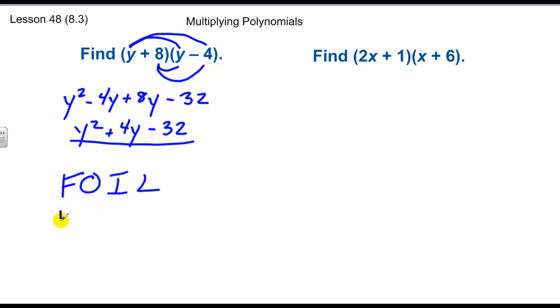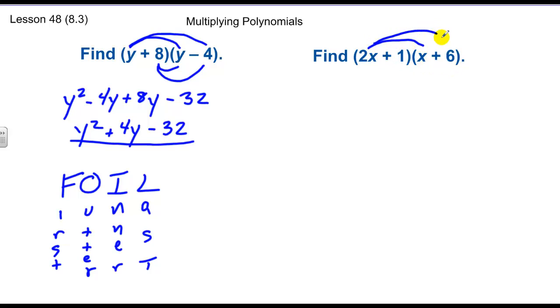You take and multiply the first terms by the outer terms, by the inner terms, by the last terms. First, outer, inner, last. And I'll refer to FOIL quite often during this lesson. So again, two binomial terms, we're going to FOIL: first, outer, inner, last.